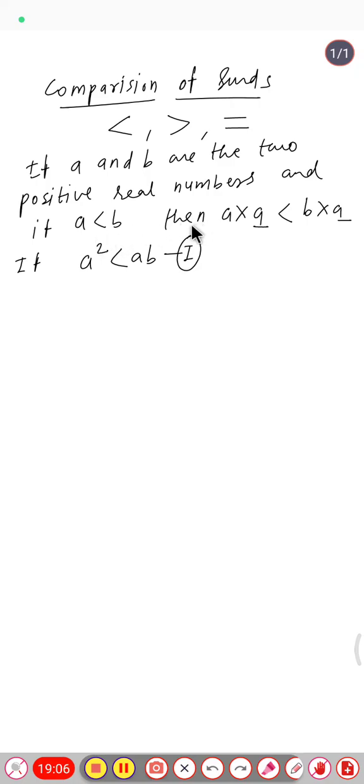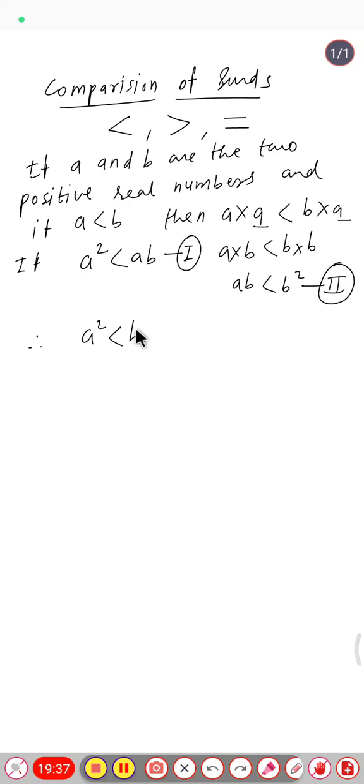Here it's A into B, then the next one should be B into B, that is B square. So therefore we can say that AB is also less than B square, equation number 2. Similarly, we know that A square is less than B square.